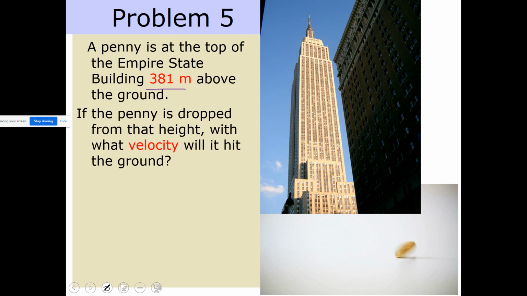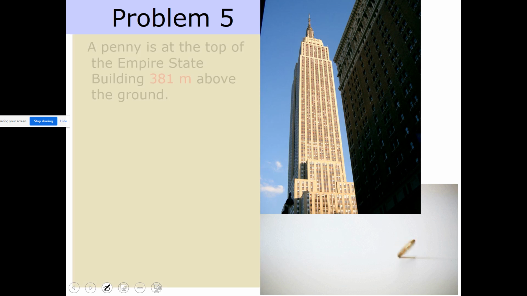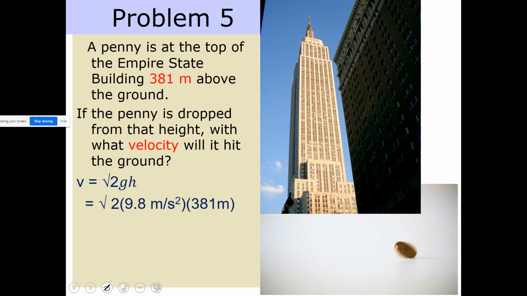Well, we don't have a mass for the penny, but we do know that we can pit those formulas against each other, and then we can end up solving without needing a mass at all, just using this equation. Your answer should be 86.4. Go ahead and plug that number 381 in, and that's what you should get.